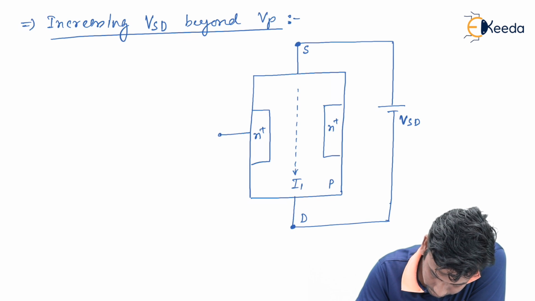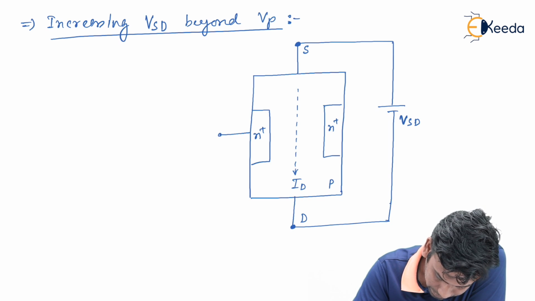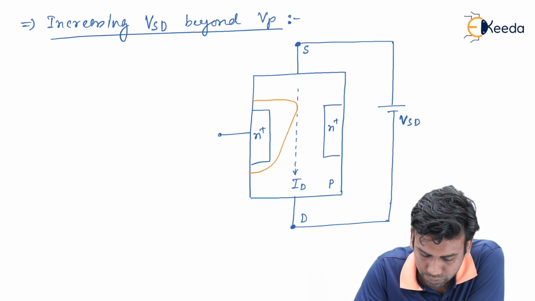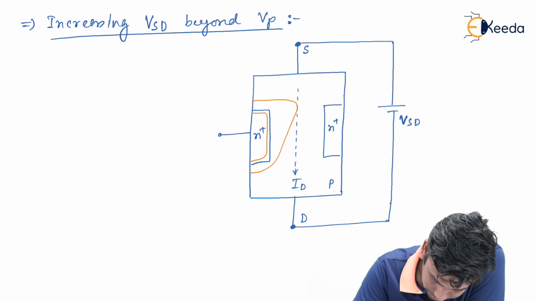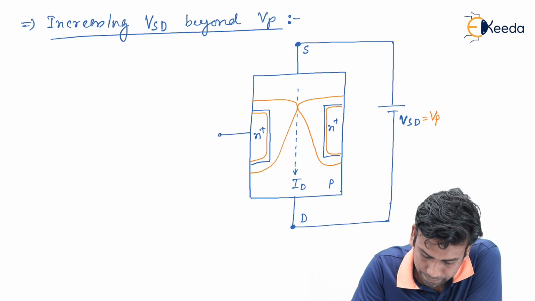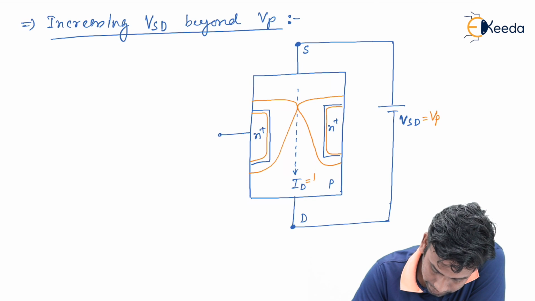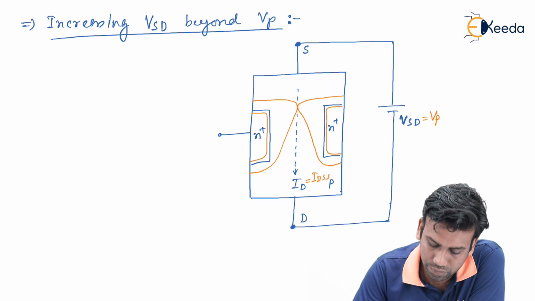So this is the direction of ID, and as we know, due to this VSD, the depletion layer near the source will be wider, and they will touch at a point when this VSD is equal to Vp, and the ID current will get saturated to a value of IDSS. This was the pinch off condition at Vg equals to 0.